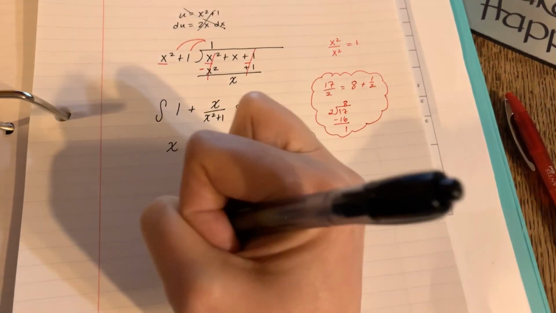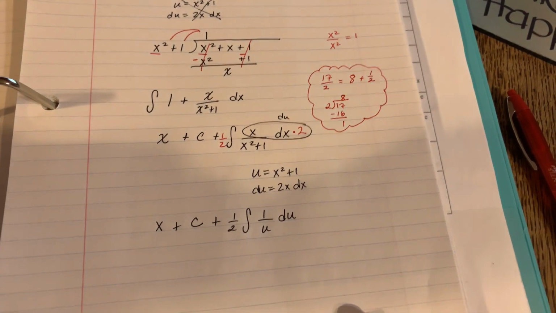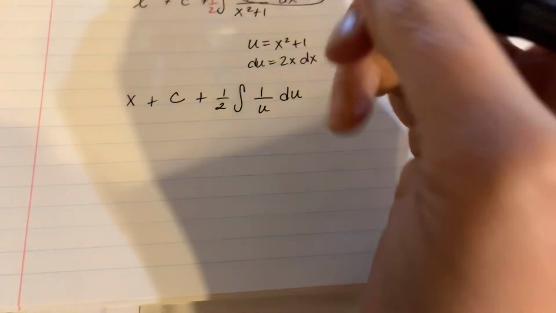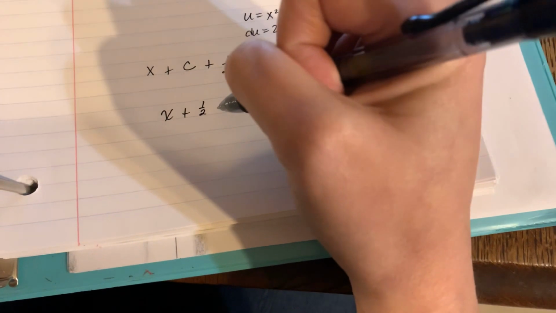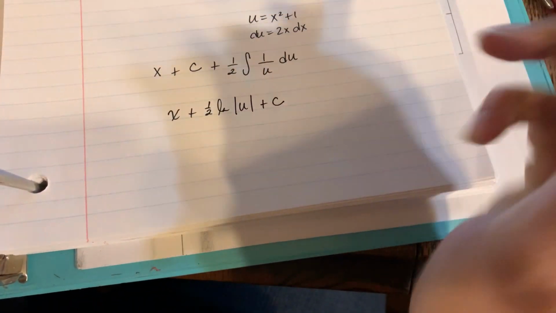Don't forget your x plus c from up there. Okay, and then what is the antiderivative of 1 over u? Well, it's natural log, so I get x plus 1/2 ln of the absolute value of u, and then I like my plus c at the end.